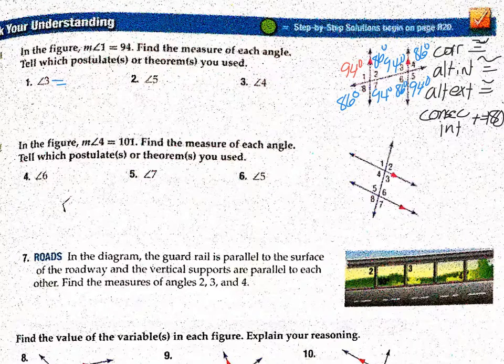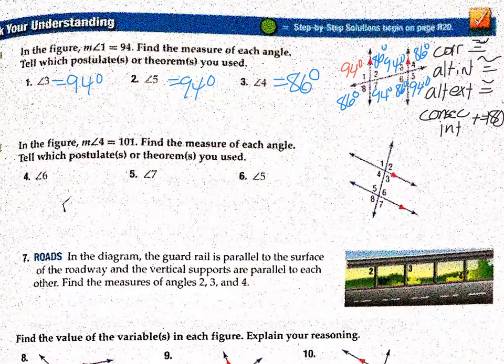So I go to my picture and look, angle 3 is 94 degrees. Angle 5, look at my picture, angle 5 is 94 degrees. Angle 4 is 86 degrees. So I don't try to find just one angle. I try to fill in as much of the picture as possible, and then I answer the question.